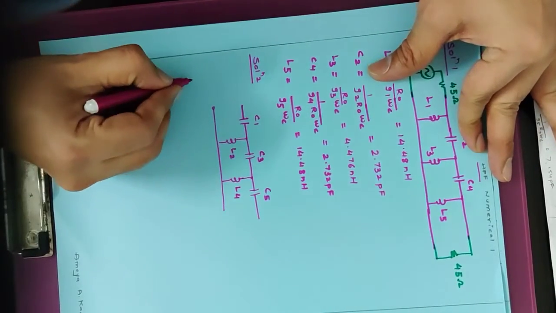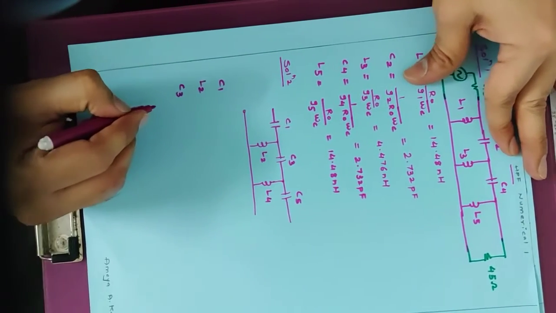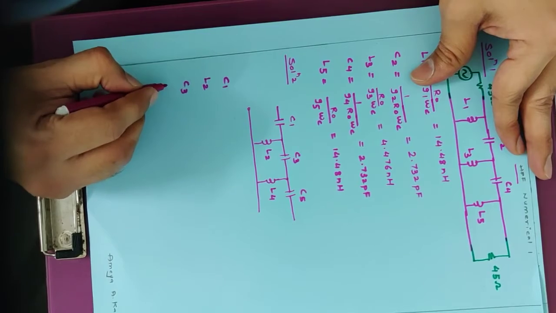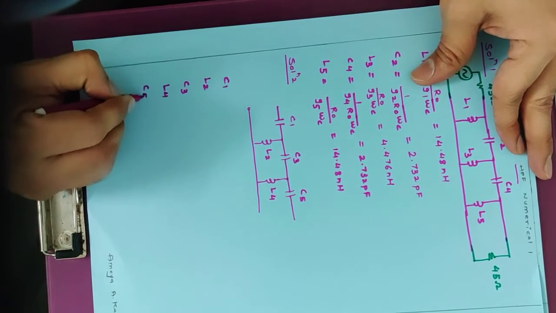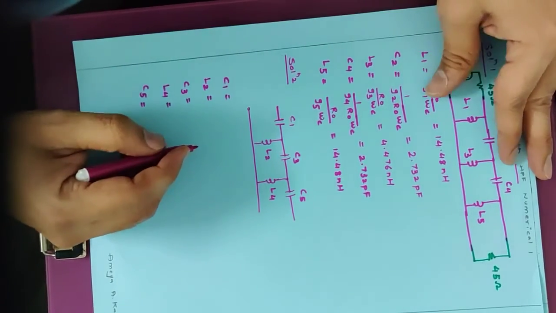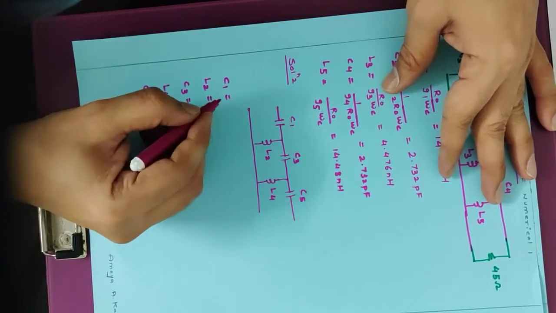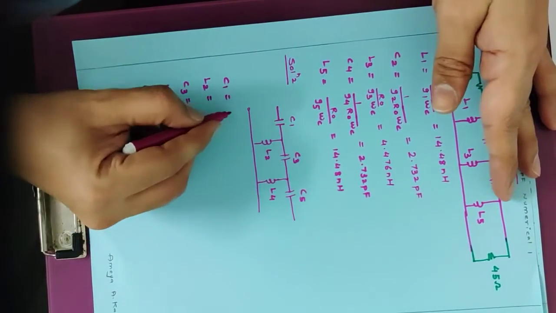So first we will determine C1, L2, C3, L4 and C5. Again this is a high pass filter, so the component values will be inversely proportional to their corresponding G's.